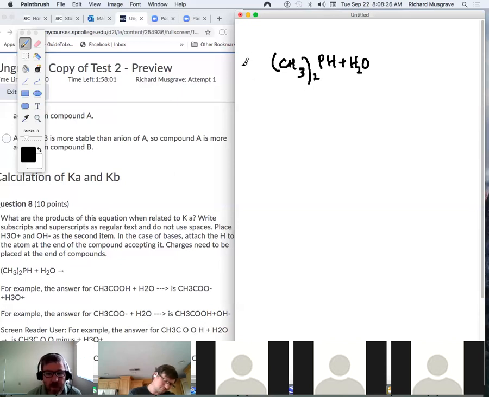So if it's going to be Ka, and that's what it says here, we know that we're going to get acid as a product. Now that acid will be H3O plus. And the rest of it here will be CH3 2P minus.